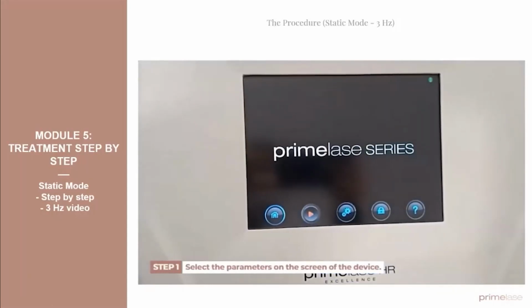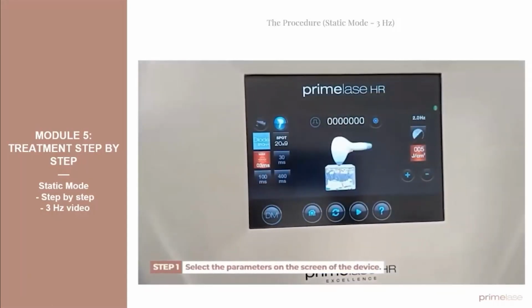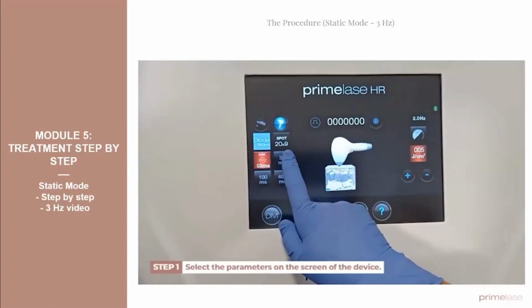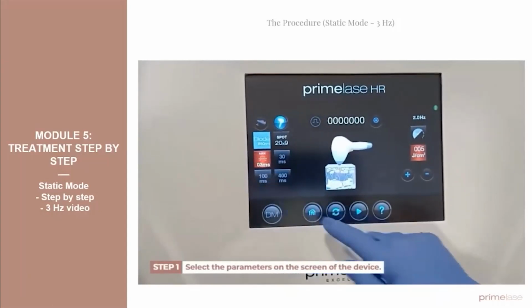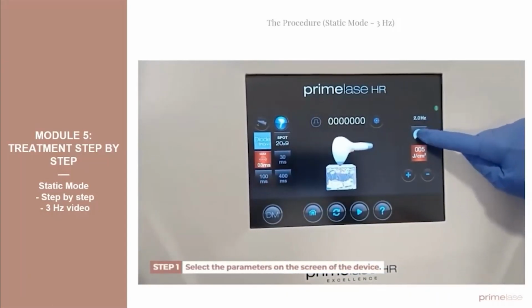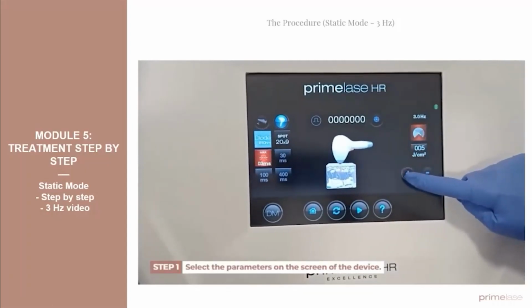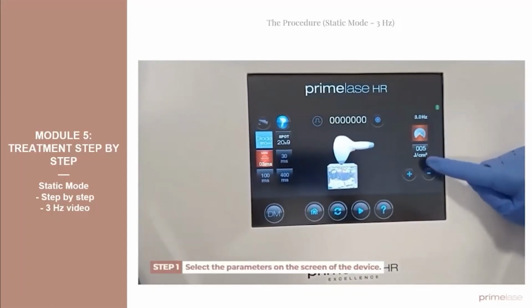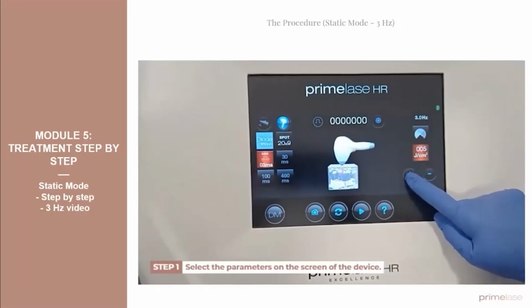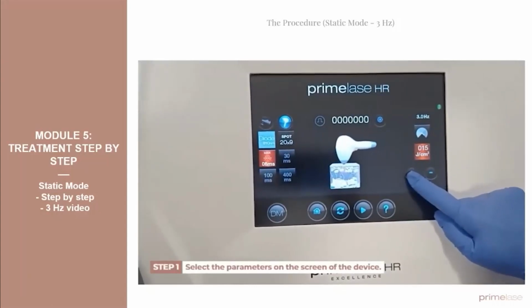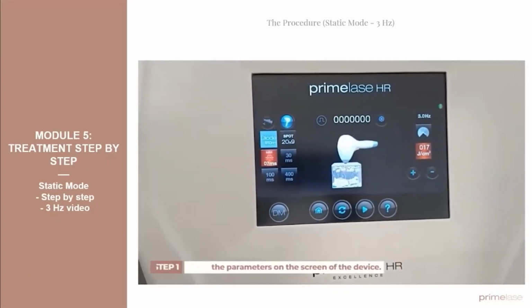So I go to the screen, I press play, I select pulse duration, I select how fast I'm going to go, and I select the energy, the fluence, in joules per centimeter squared.